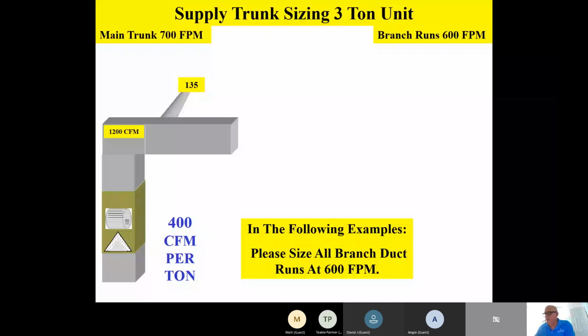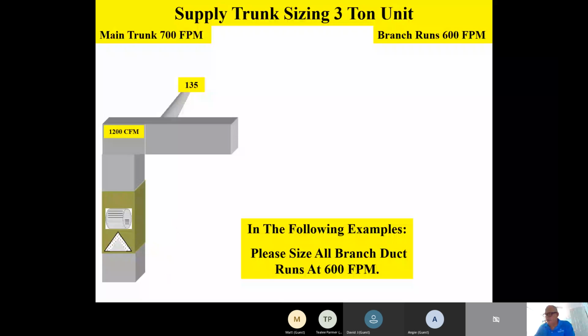So take your air duct calculator, find 600 feet a minute velocity, and then go 135 CFM at 600 feet a minute velocity. And you're going to notice that's going to give us about a little over a 6-inch duct.